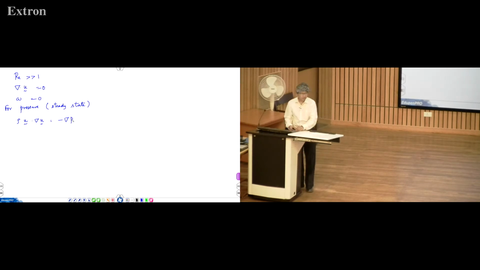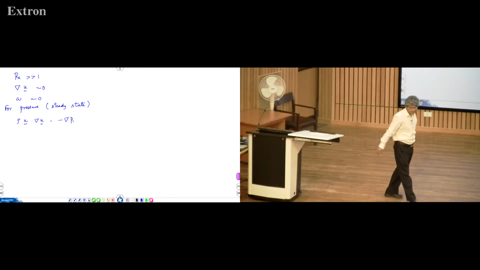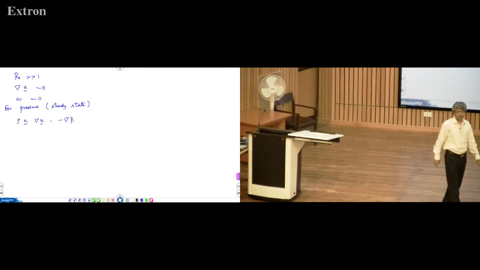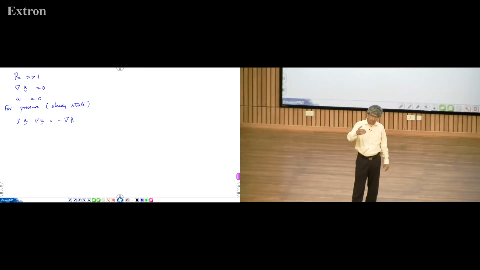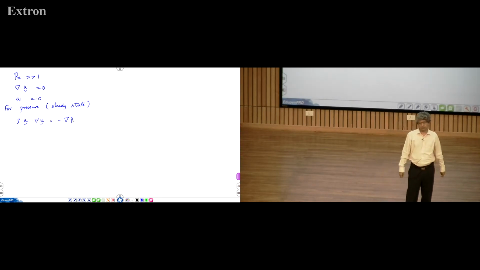So, this is the momentum equation where I have just dropped the time derivative just to keep the calculations a little simple. But by the time you reach the momentum equation, you already know the velocity field. So, it is no complication here. That nonlinearity has no meaning because you know the velocity distribution by solving mass and vorticity.